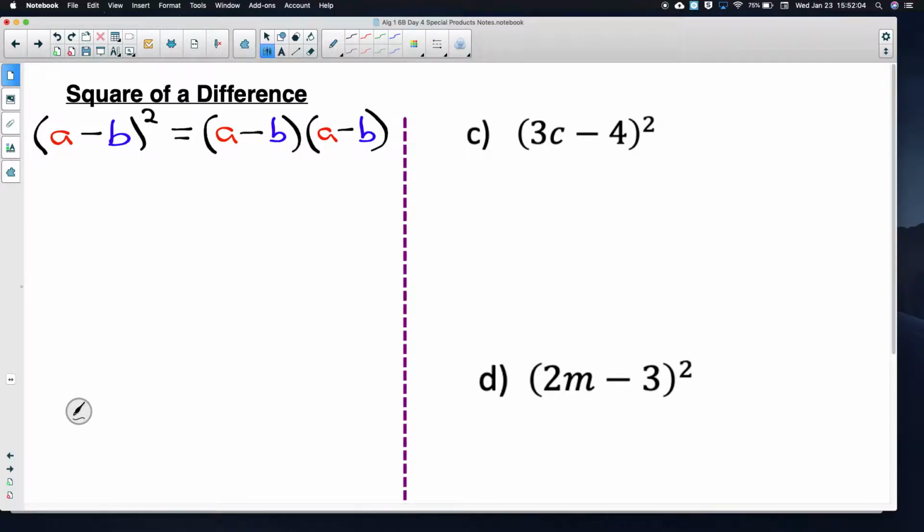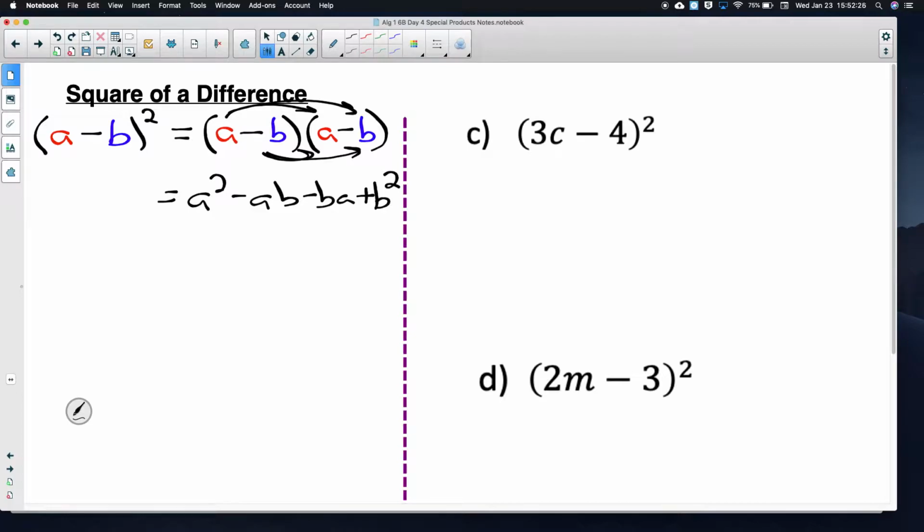Now, if I were to double distribute, I would get A squared minus AB, minus BA, and then negative B times negative B, well, that's going to give me plus B squared.